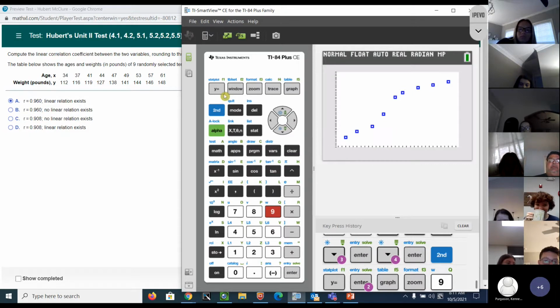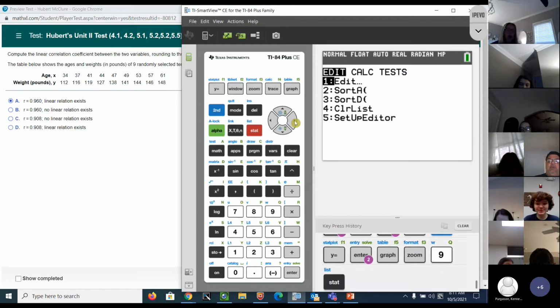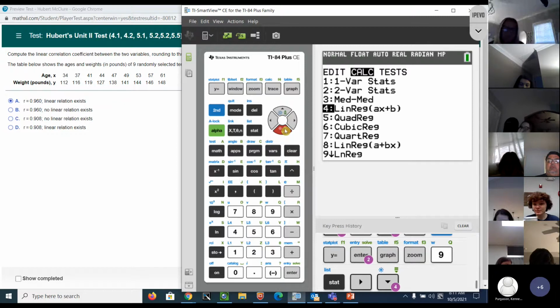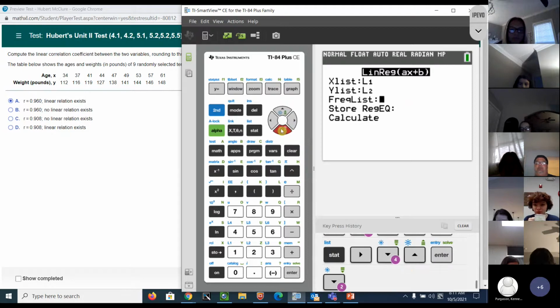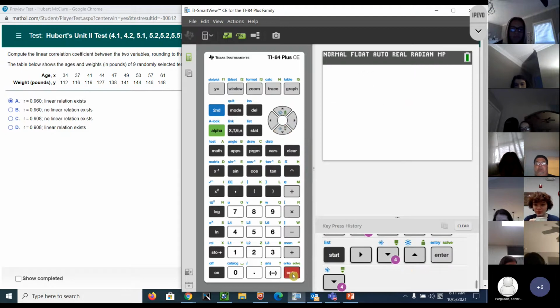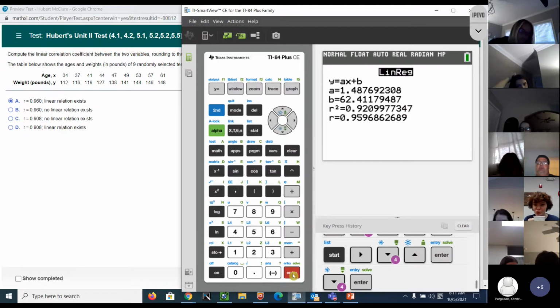And we could actually type that in. Let's see, what is our Stat? Calculate linear regression. And our equation of our regression line is y is equal to 1.488x plus 62.412.